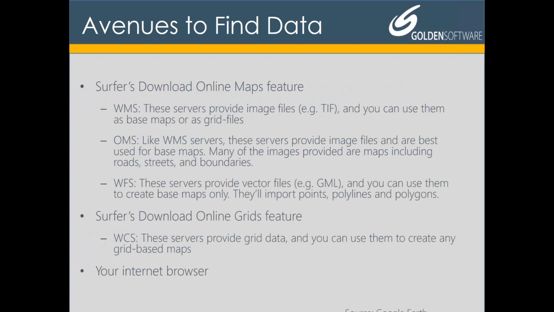Many of the images provided are going to be from satellite or aerial photography, but they also could be images of boundaries and point locations or polygons. The default WMS servers can be found in the US imagery and worldwide imagery categories within this functionality, and we'll take a look at that in just a few minutes.